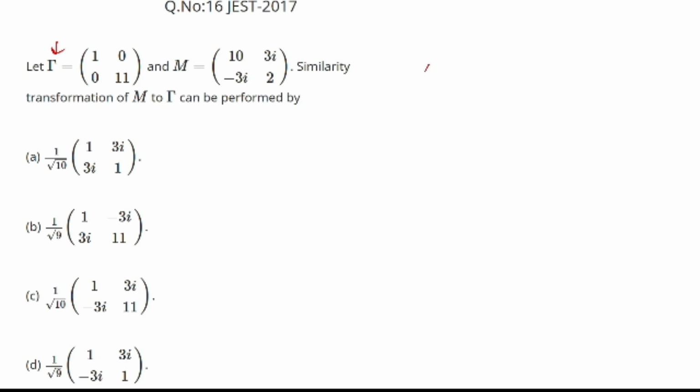Like here, if a matrix A can be built with the help of another matrix B by the similarity transformation P B P inverse. So here we have to transform M to gamma. So gamma will be P M P inverse. Now we have to find this transformation matrix P.